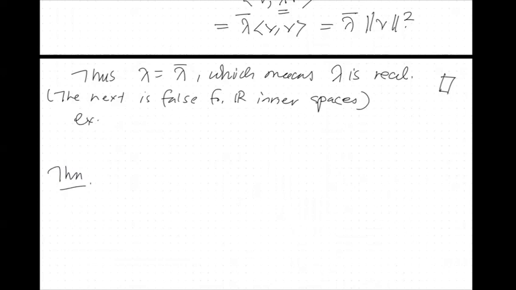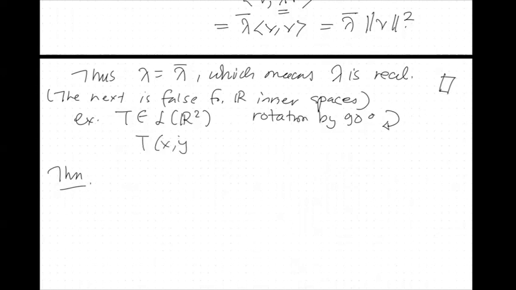Example: T in R2 is just rotation by 90 degrees counterclockwise. You get T of (x, y) is equal to (negative y, x).